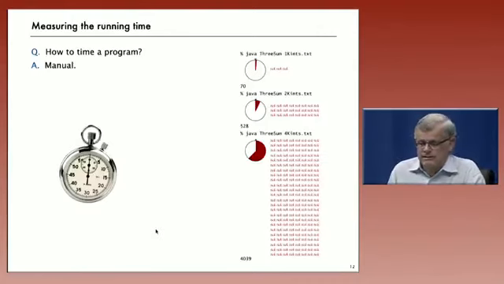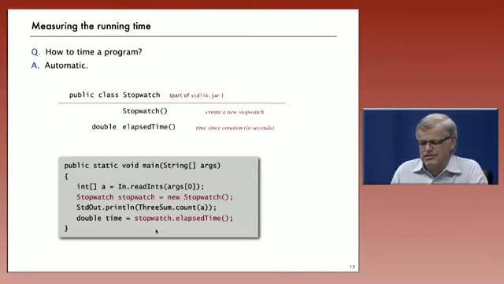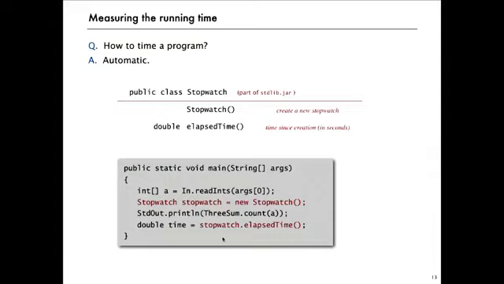Well, one way to time a program is to just look at the watch. If you have a stopwatch, or look at the clock, or your phone, whatever you might need, you can just go ahead and time it if you want. Java has as part of its standard library a stopwatch class that will compute elapsed time.